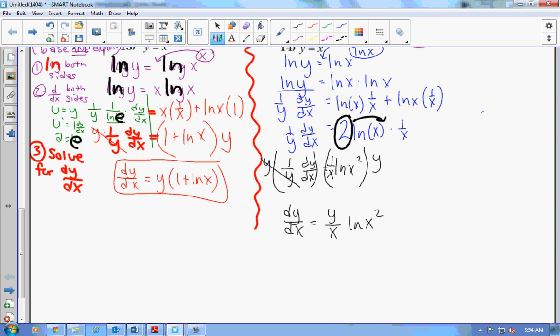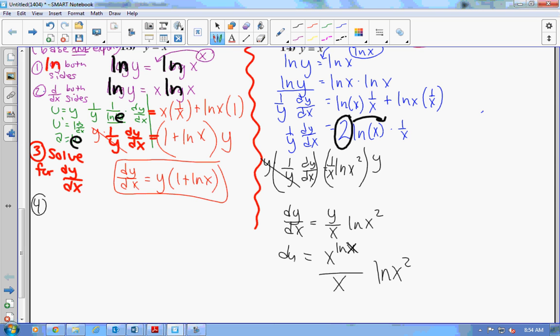And y at the very, very beginning was equal to what? I guess we didn't do this on that last one. We should have done this on the last one as well. y at the very, very beginning was equal to x natural log x. And replacing, at the very, very beginning, it said y was equal to x natural log x.